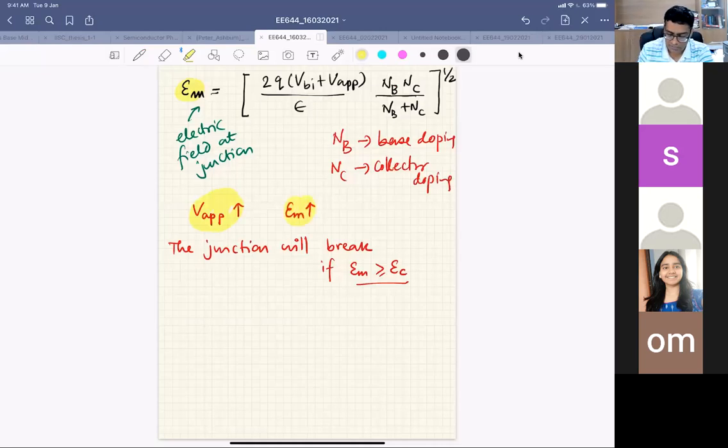The junction will break if the maximum field is more than the critical electric field. Every material has a critical electric field, and silicon also has a critical electric field. So if your maximum field across the junction is more than the critical electric field, the junction will break, and this breakdown is mostly because of avalanche multiplication. We had discussed avalanche multiplication, and I'll quickly go through it.